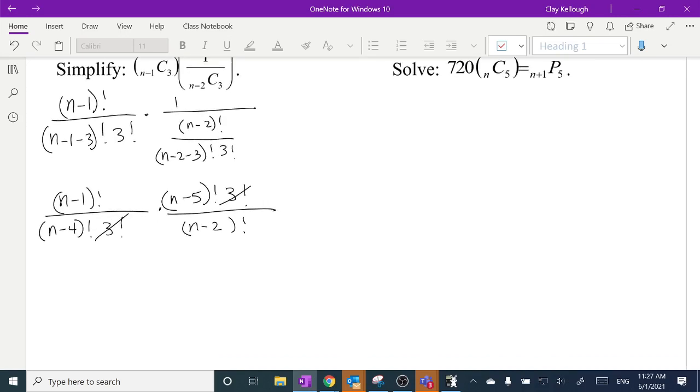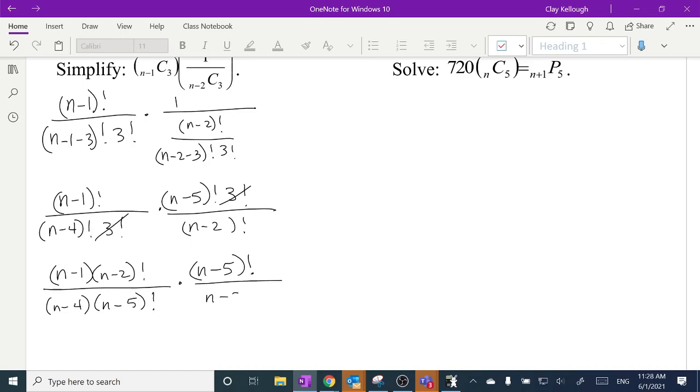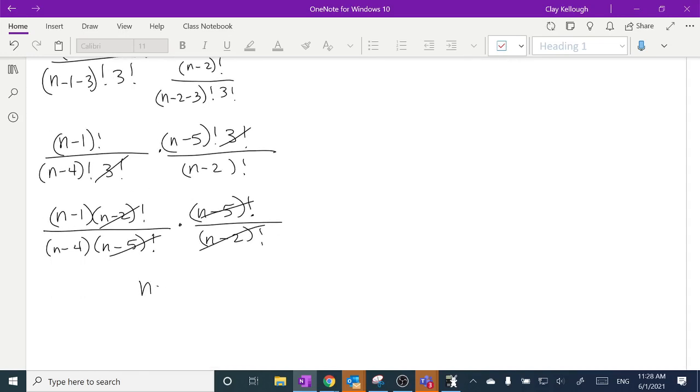And I can do some simplification here. n minus 1 is bigger than n minus 2, so I'll start with n minus 1 times n minus 2 factorial. n minus 4 is bigger than n minus 5, so I'll start with n minus 4 factorial and turn that to n minus 4 times n minus 5 factorial. And then look at that. Isn't that nice? Bye-bye. And that's it. This simplifies all the way down to n minus 1 over n minus 4.